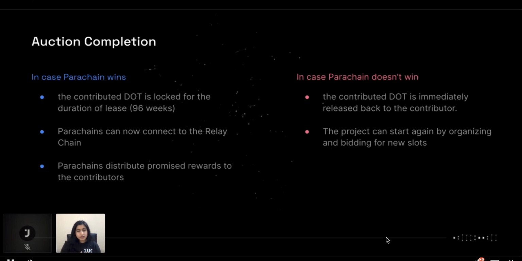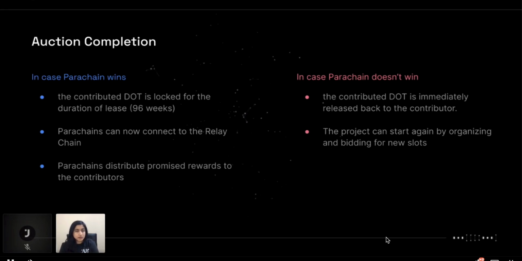Let's also see what happens after the auction is over. After the auction is over, there can be two cases. Either the parachain has won or they have lost. In case they won, then the contributed DOT from the crowd loan and from the project itself gets locked for a duration of 96 weeks or 2 years. And this is when the project can actually connect to the main relay chain.